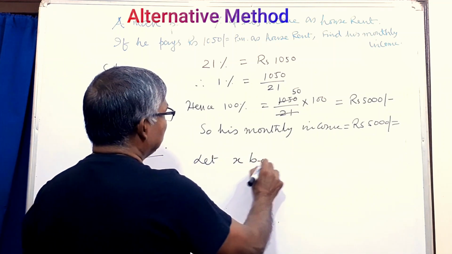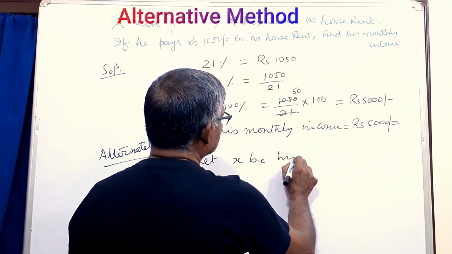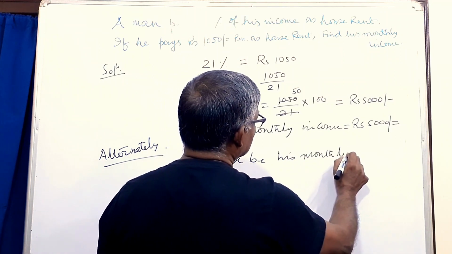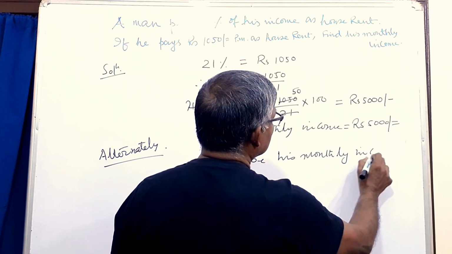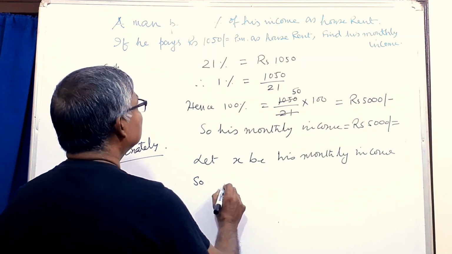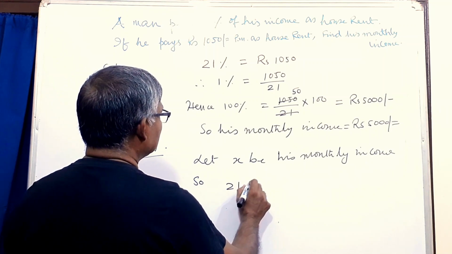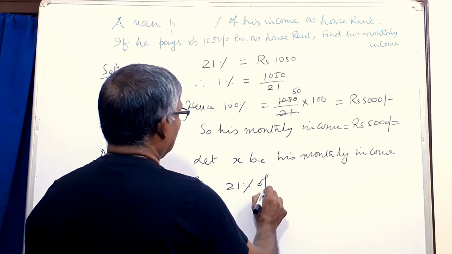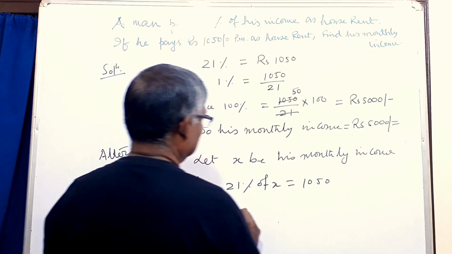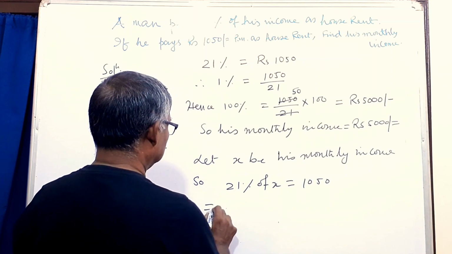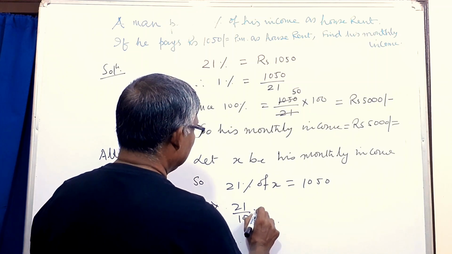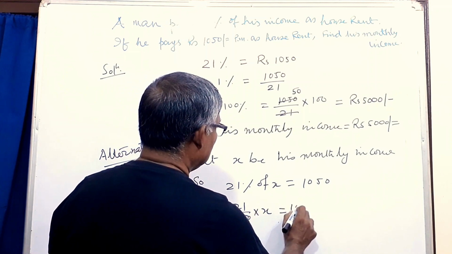Let X be his monthly income. So 21% of X equals to 1050. This implies that 21 by 100 into x equals to 1050.